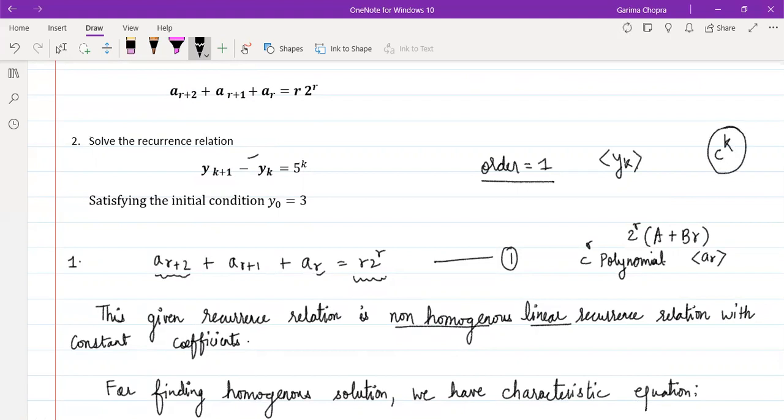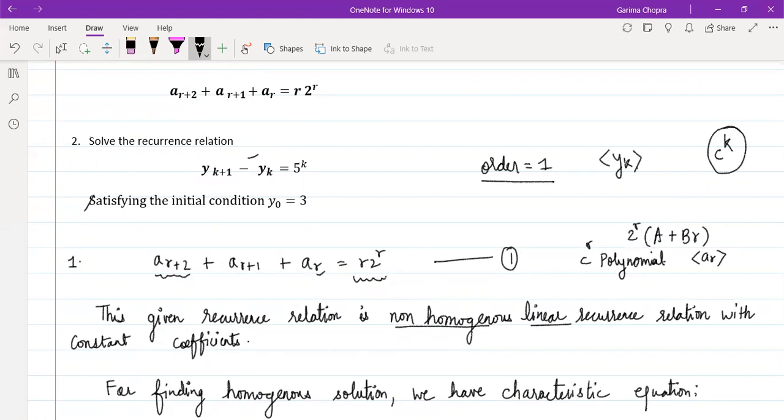It depends on whether this c, which is here 5, is the root of the characteristic equation or not, because depending on that we will be assuming the general form of our particular solution. And they are also giving here the initial condition.